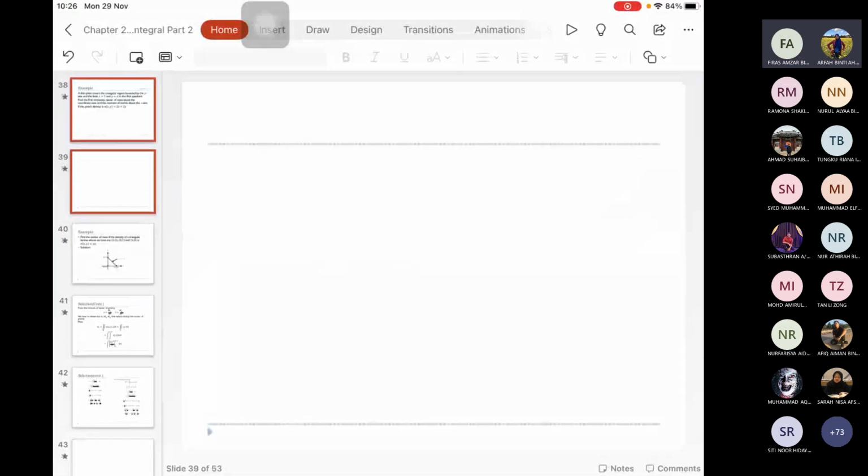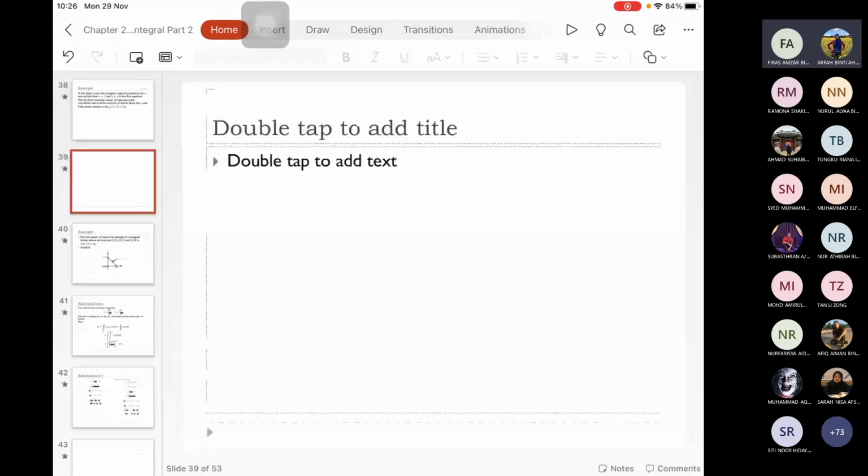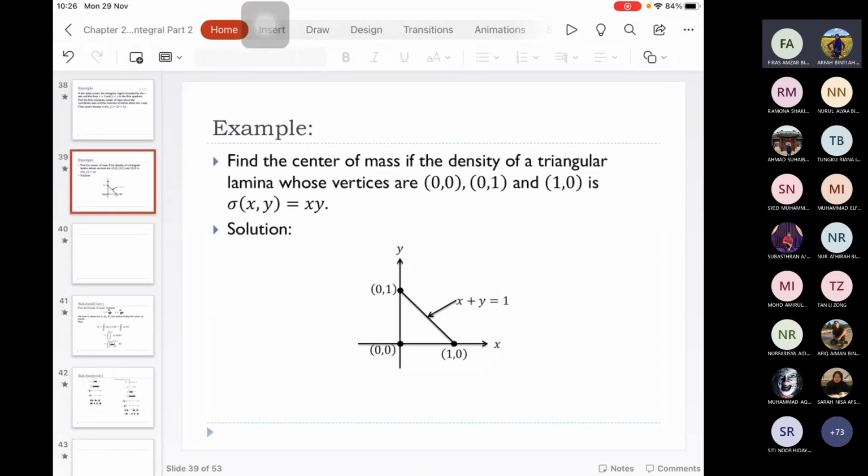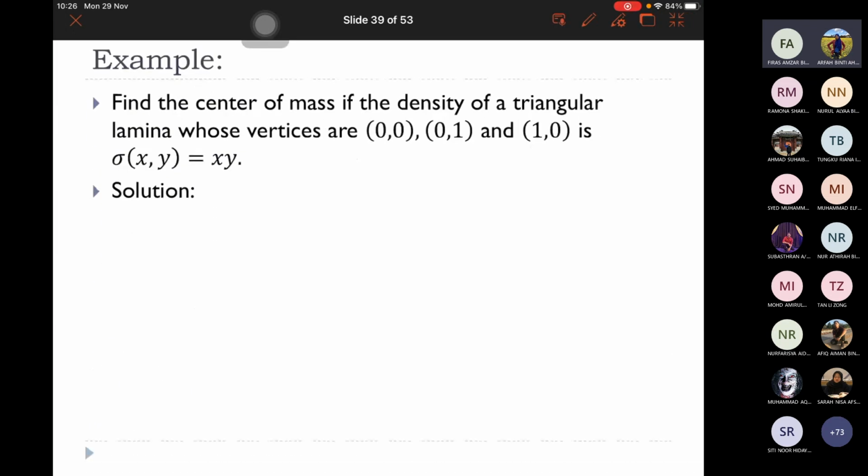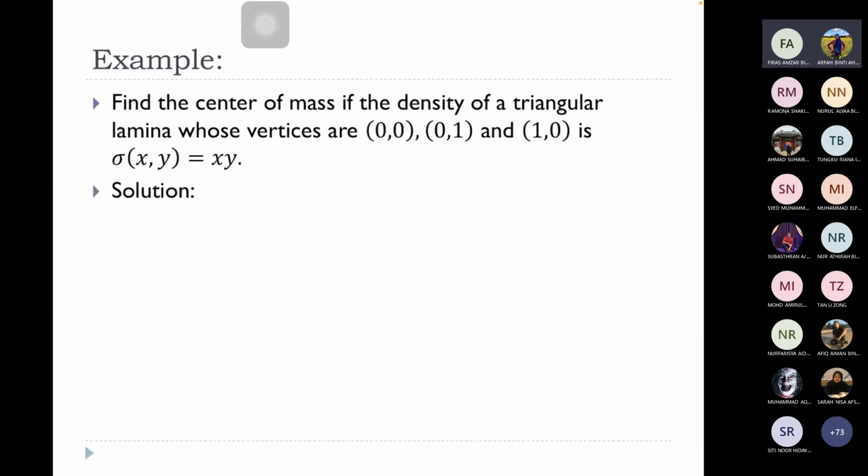Okay, so let's take a look into the next question. Okay, so this question, dia cakap this one. Find the center of mass if the density of a triangular lamina whose vertices are 0, 0, 0, 1 and 1, 0 is delta xy equal to xy.